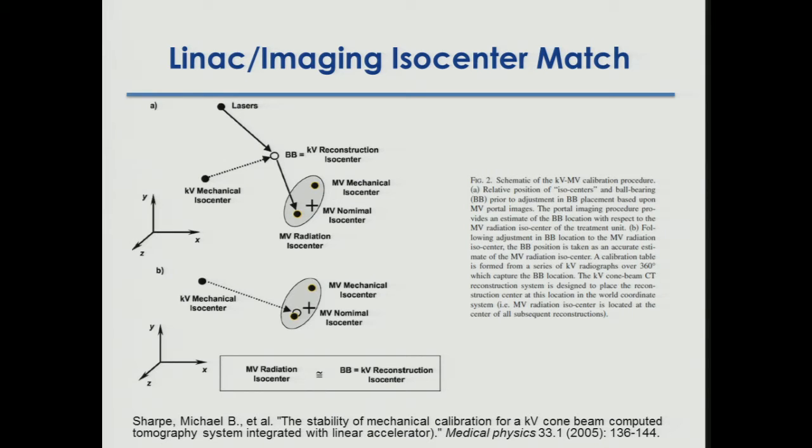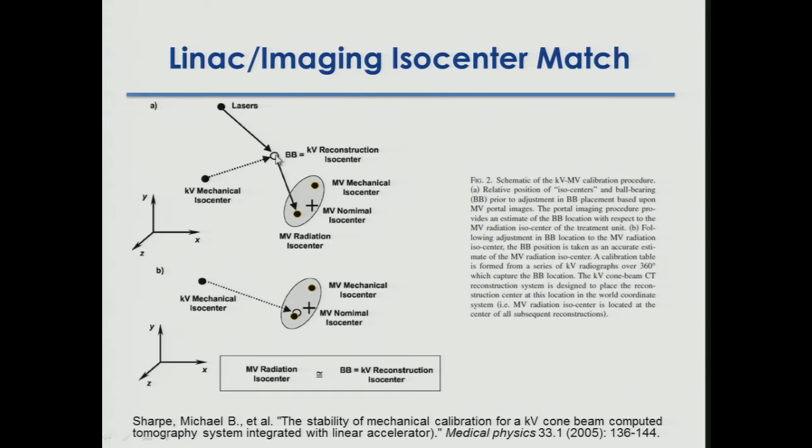Once you have your mechanical isocenter, we are image guided now, and we need to match the imaging isocenter. This is a very nice paper by Michael Sharp that you should read. What we've done so far, we have some MV radiation isocenter, related to the nominal isocenter, and we have an MV mechanical isocenter, and we've matched these very closely with our star shots.